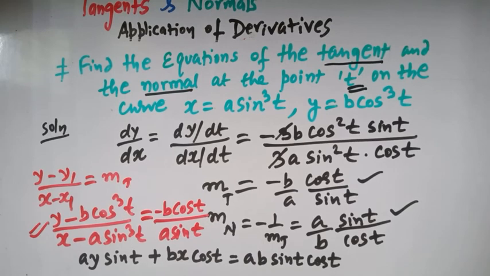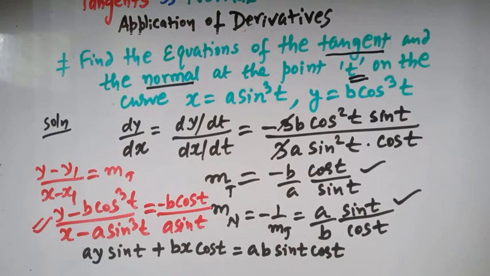We'll get this. I leave it to you for practice. This can be taken as a practice question: ay sin t plus bx cos t equal to ab sin t cos t.